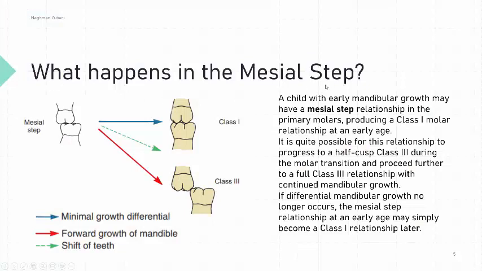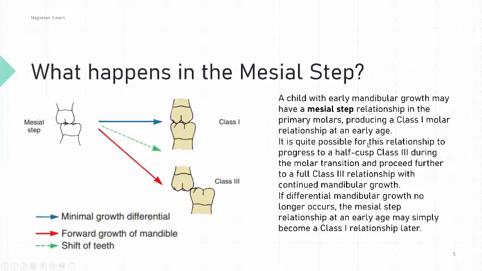What happens in the mesial step? Over here we can see these arrows. In the mesial step, which corresponds to the class 1 molar relationship, the blue arrow shows that if there is minimal growth differential, it will stay like this, or it may become class 3. A child with early mandibular growth may have a mesial step relationship in the primary molars, producing a class 1 molar relationship at an early age.